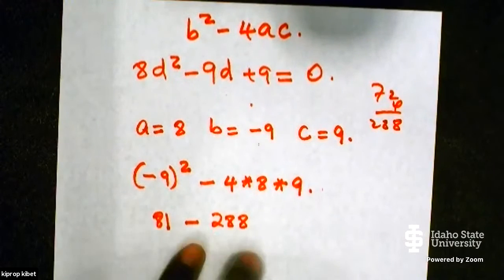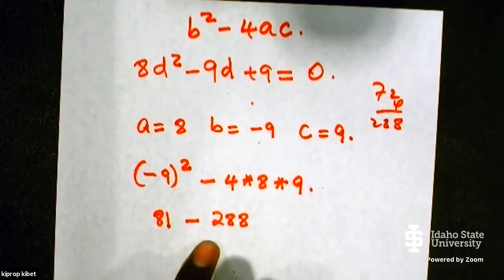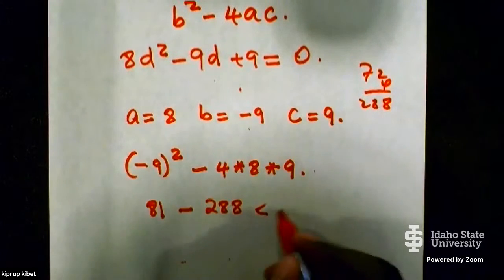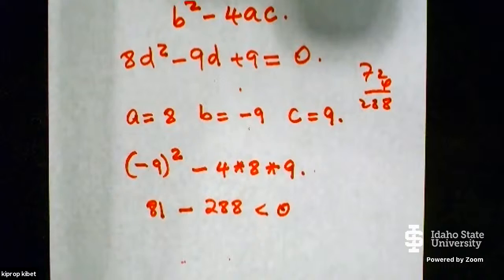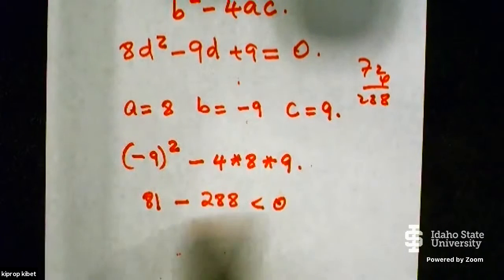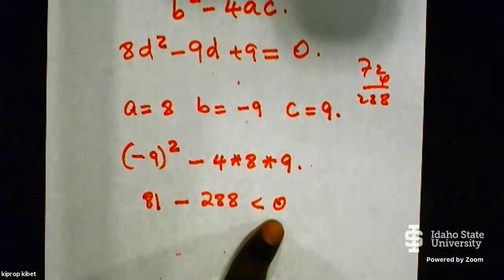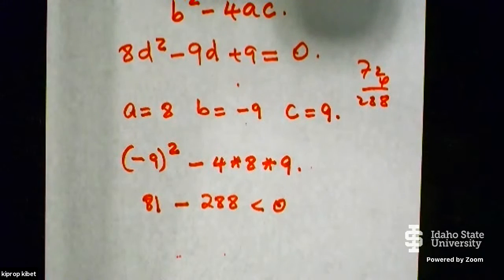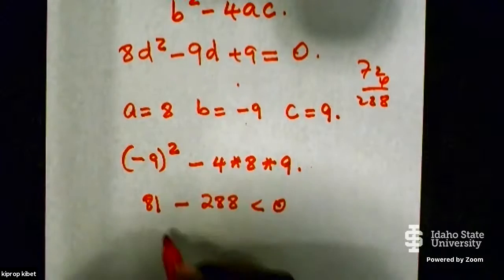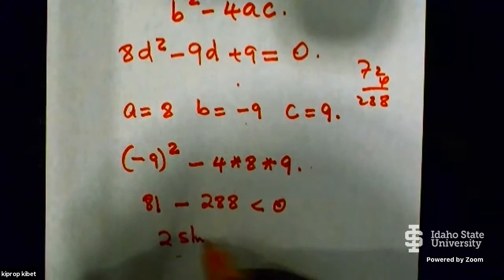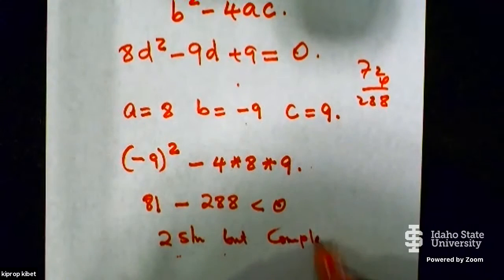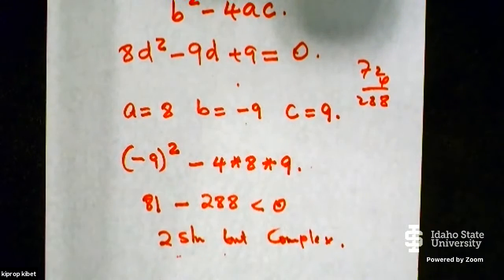When you look at this, of course, we will get a negative, so this is less than 0. If the discriminant is less than 0, then there are two solutions, but they are complex.